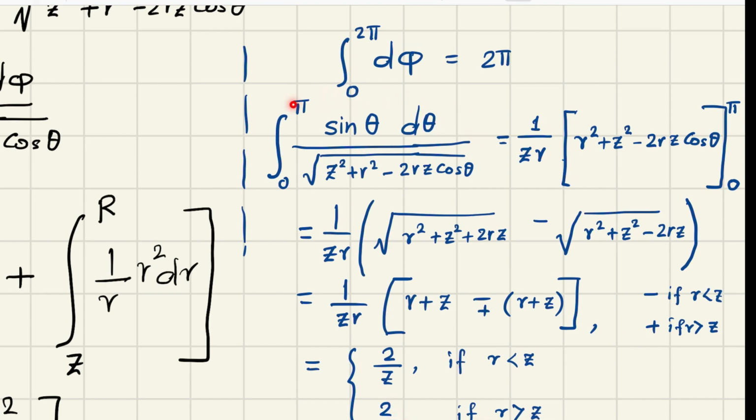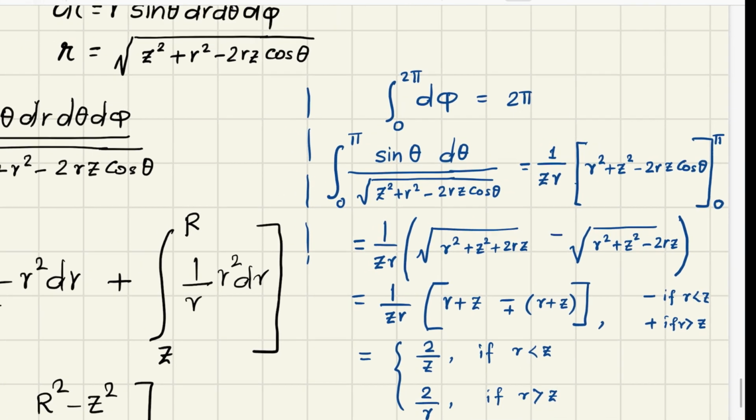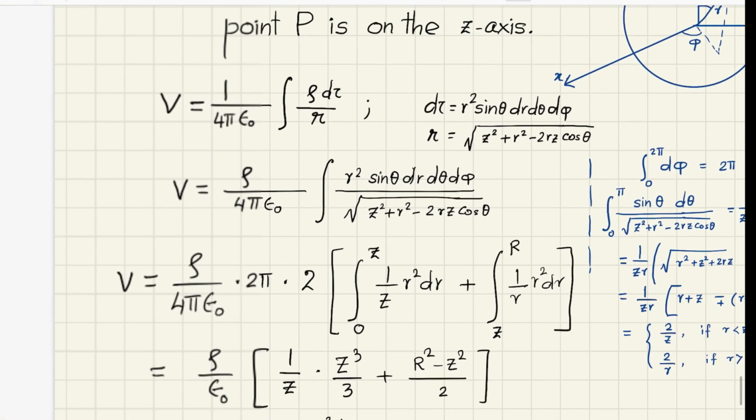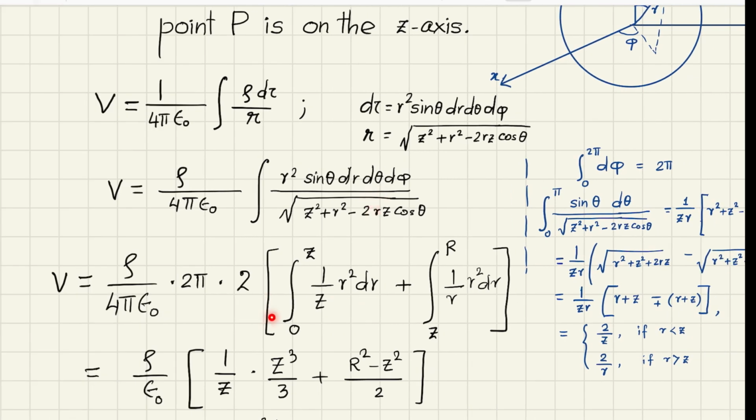This is just the integral of sine theta d theta. We still have to do the r integral, from 0 to z and from z to r, for the full charge. From 0 to z, r is less than z, and hence it is 2 by z.